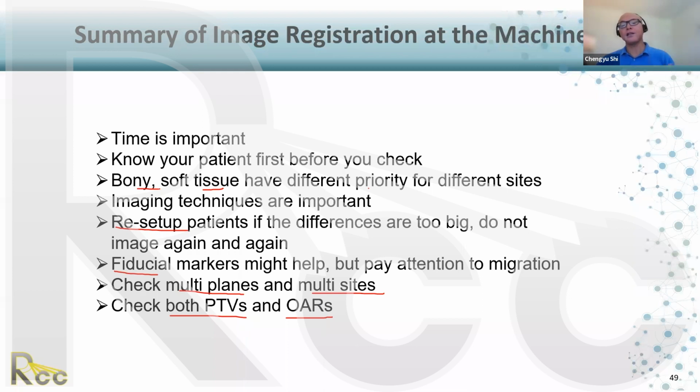Because you scan these two images on two days or with two modalities, their coordinates are different. That's why you need a registration. But they have one common thing: the coordinate is the same, that's the patient. So the registration is based on the patient's physical coordinates, not the image coordinates. The patient coordinates will not change. Image coordinates will definitely change.